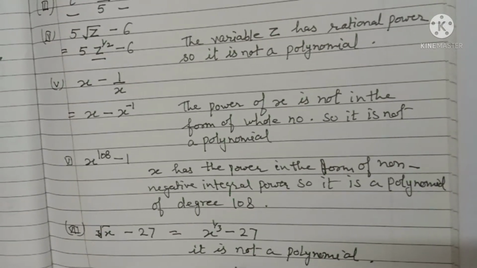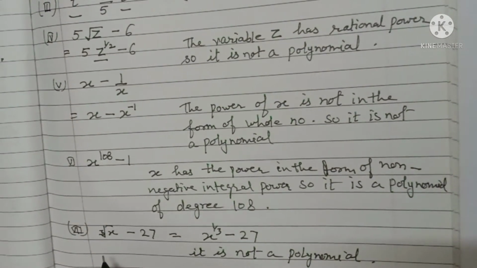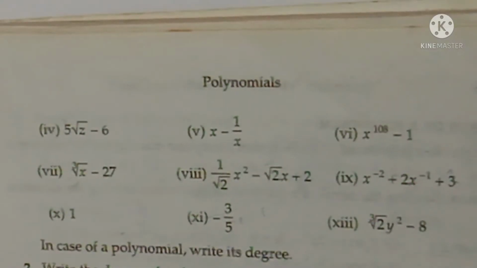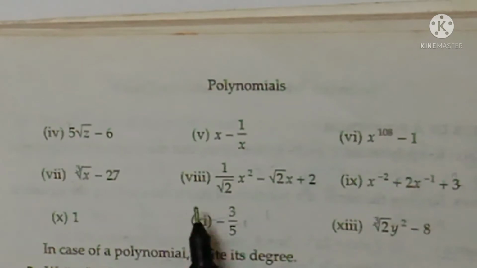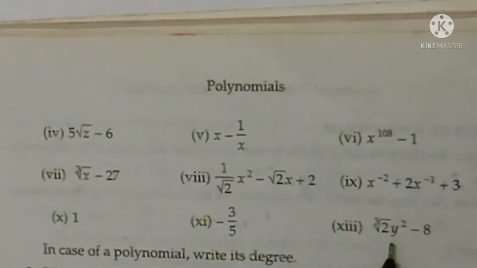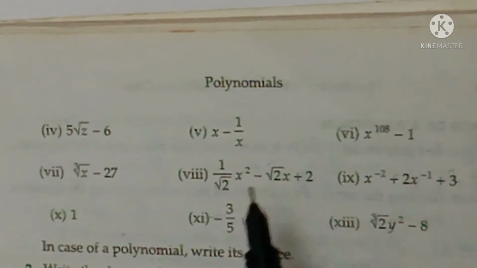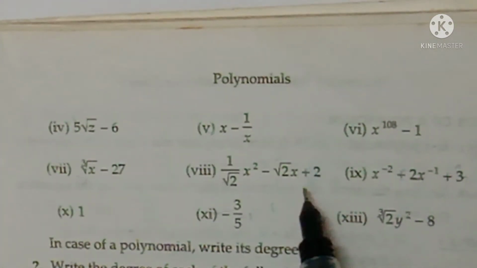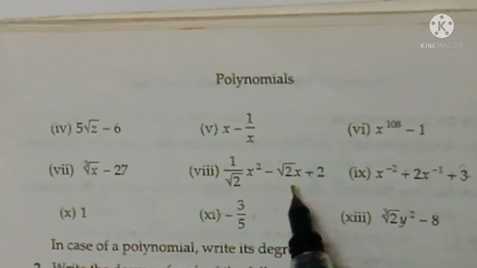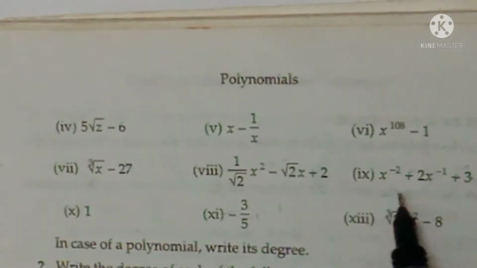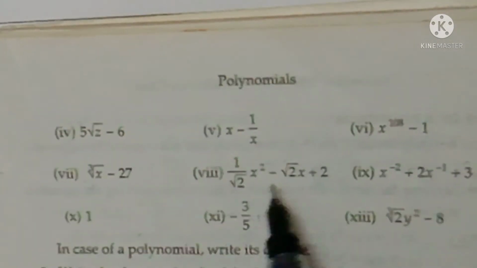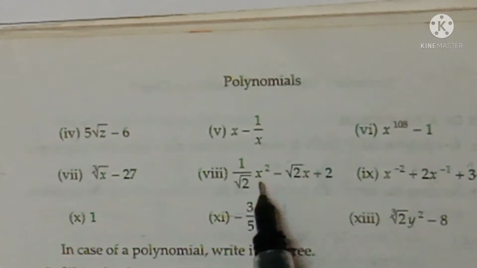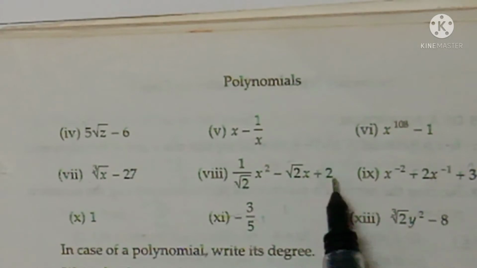Now come to the 8th part. Students, I think you can do the other parts by yourself, and you know how to write the cause of it being a polynomial or not a polynomial. But I am giving the answers of the remaining parts. Here, 1 upon root 2 x square minus root 2 x plus 2.